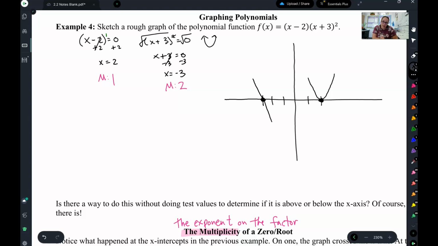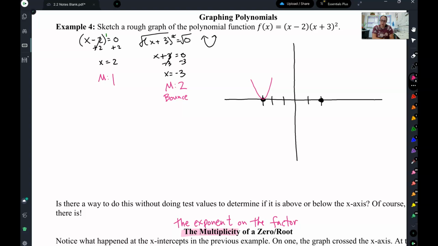We've gotten very good at those. So, if this x-intercept has a multiplicity of 2, an exponent of 2, that means at this x-intercept, we are going to bounce off of it. Make it look like a parabola at that x-intercept. Because it's squared. It's that parabola shape. So that gives us the bouncing.